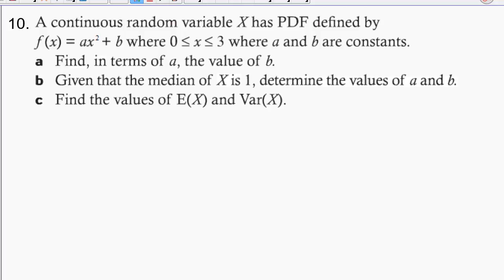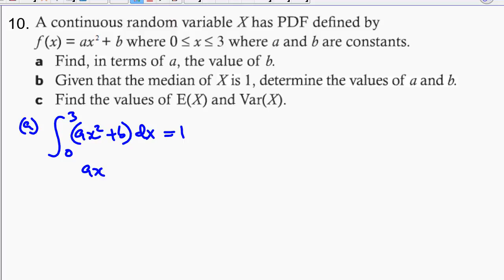So the first thing is we know that the area under the PDF is equal to 1. So the integral from 0 to 3 of ax squared plus b dx is equal to 1, which implies that ax cubed over 3 plus bx from 0 to 3 is equal to 1.